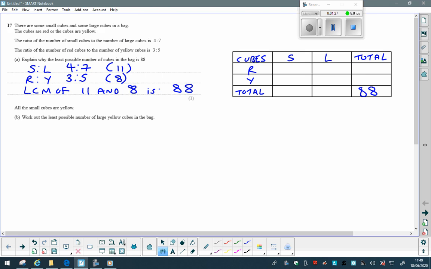Okay, now if we take our 88 and divide it by 11, we get 8.